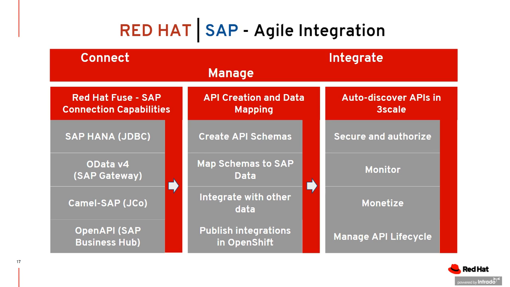Furthermore, your external application can become part of the workflow with Camel through SAP's Java libraries, JCo, and of course SAP has many new applications that also provide open APIs that you can access directly with the 3scale solution without the need for Fuse.